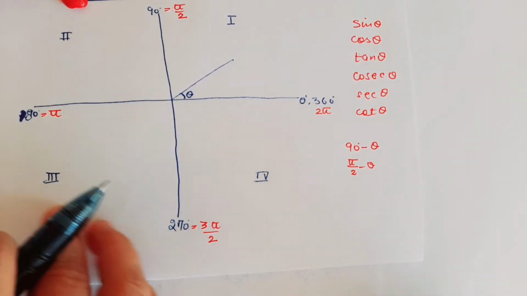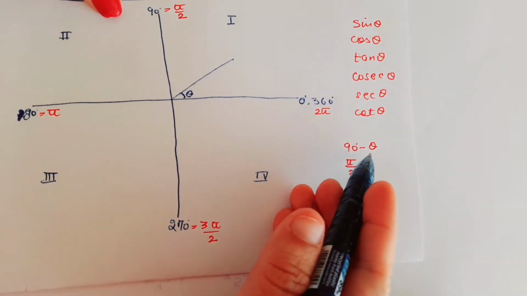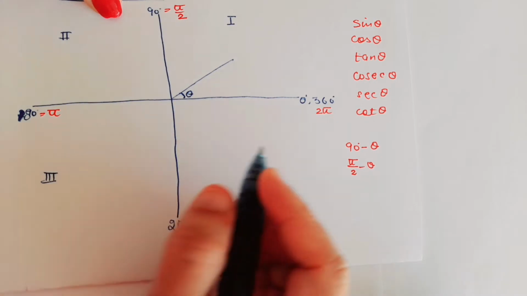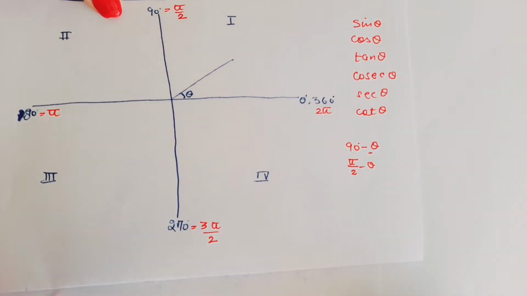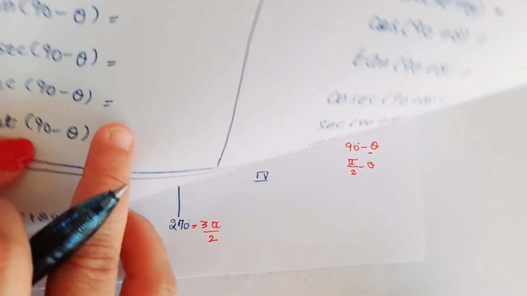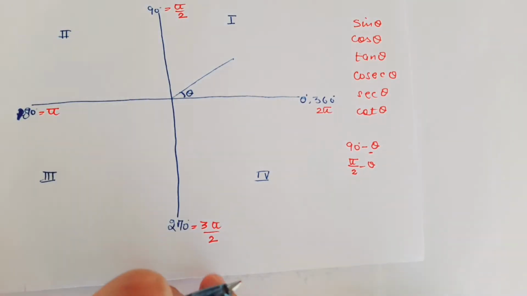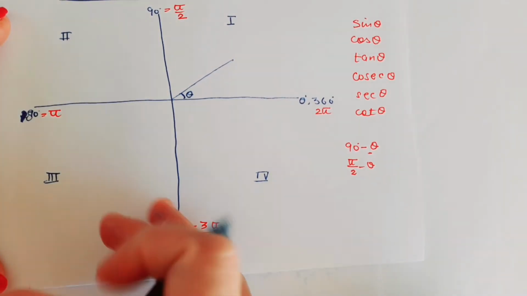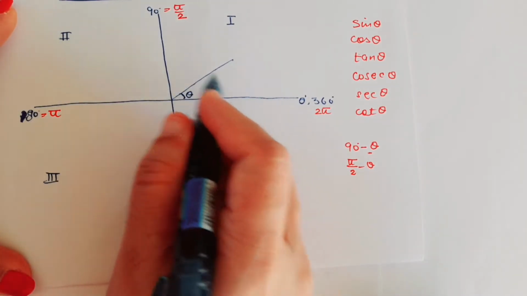Now if we are talking about 90 minus theta, theta is an acute angle. Here we are finding the values of these ratios, like sine 90 minus theta, cos 90 minus theta. So we have 90 minus theta, pi by 2 minus theta. Where will that angle lie?